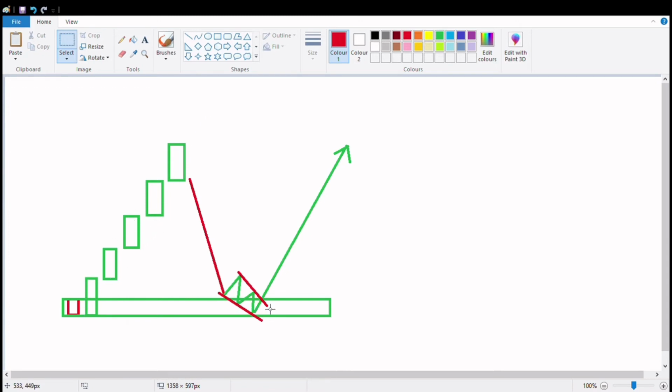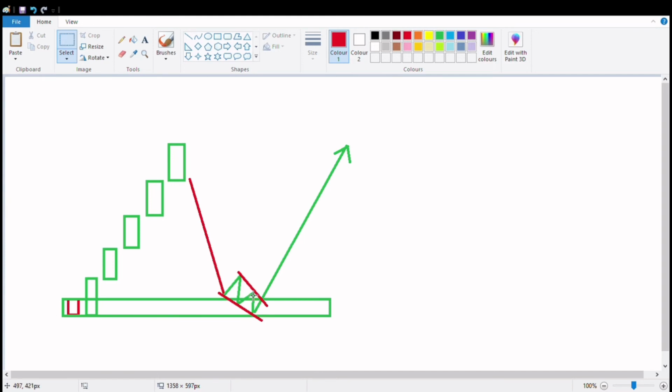Therefore, I go down to my 1 minute time frame to draw my chart patterns, which is this one. This one is a falling wedge. That one of a selling setup was a rising wedge.